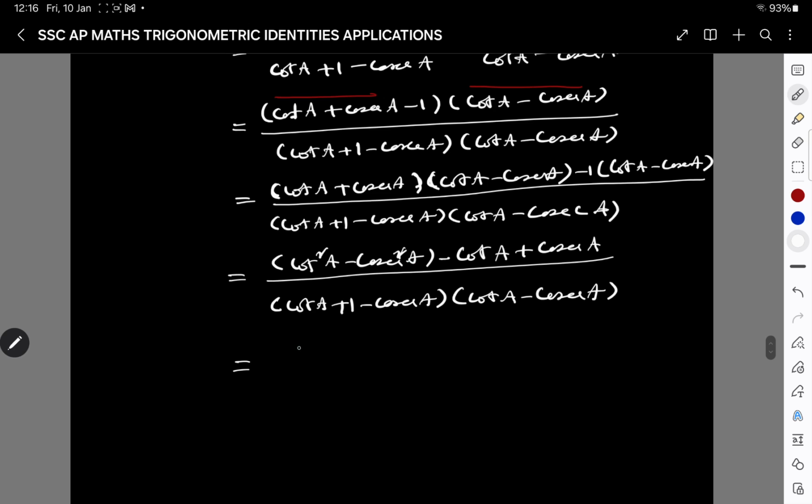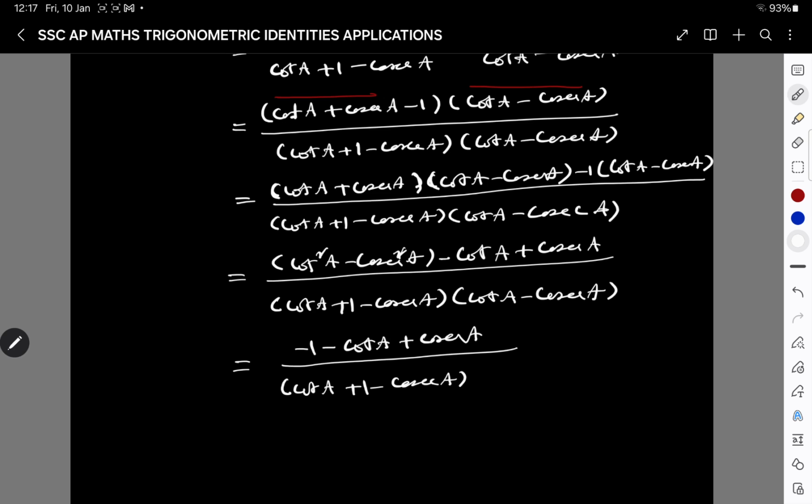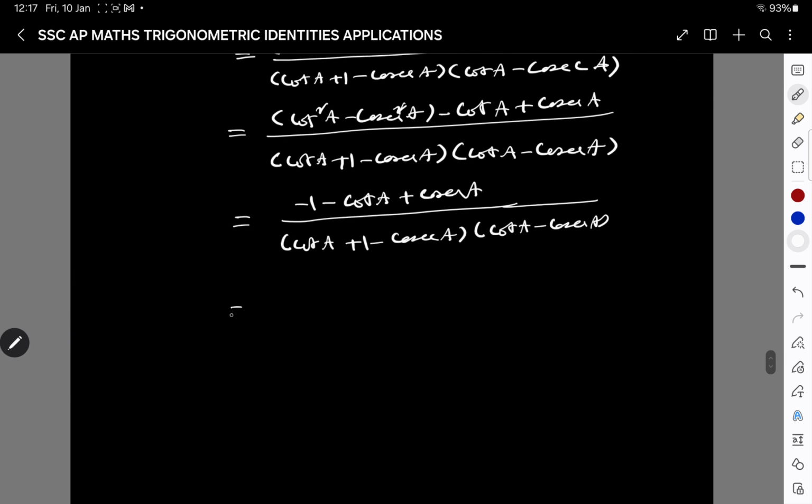It is minus 1, so it is minus 1 minus cot A plus cosecant A by cot A plus 1 minus cosecant A into cot A minus cosecant A.